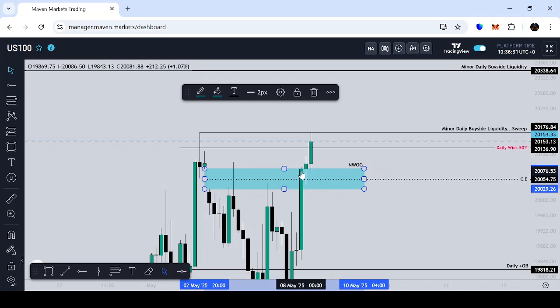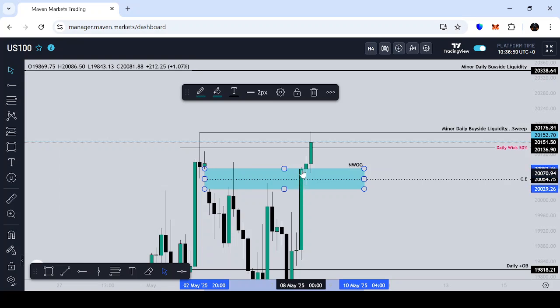Before it has been validated, it's acting as a premium level. That's premium level above, then discount below, acting as a major premium level. That's why you could see this rejection block for the first delivery. Then the second delivery, a partial entry inside the half quadrant of the gap.